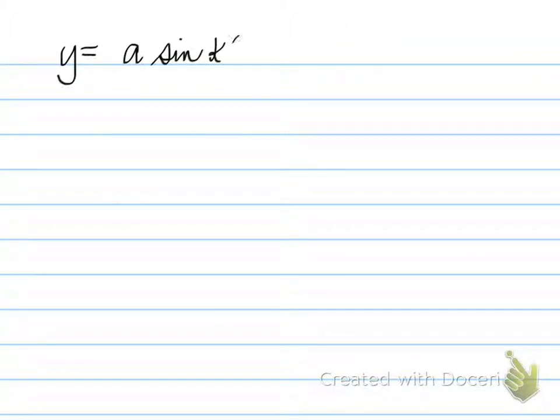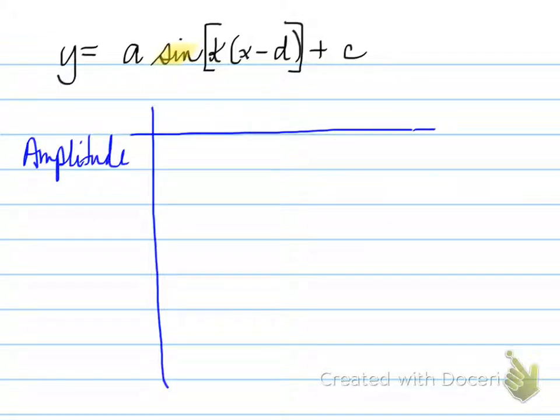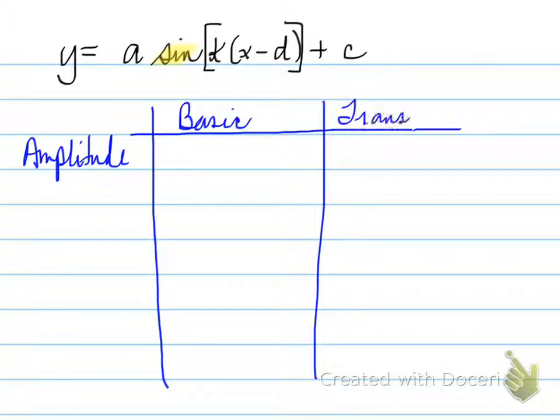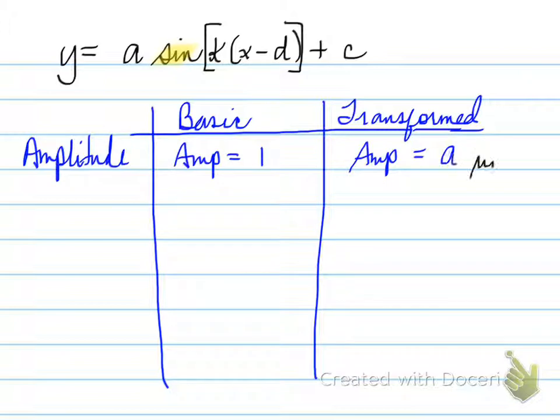All right, if we have the equation y equals a sine k times (x minus d) all plus c, the values of the function change. The amplitude in the basic function is always equal to 1. The amplitude in the transformed function is equal to the absolute value of a.